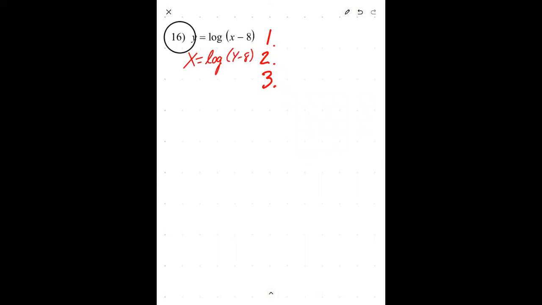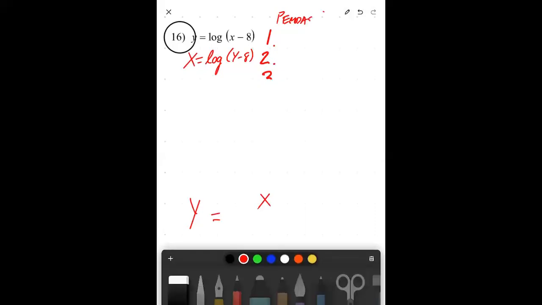Again, I know down here I'm going to have y equals, and I know I'm going to have an x, but I'm using PEMDAS. By the way, this one only has 2 operations. The first thing that we're doing is the stuff inside the parentheses, so we are subtracting 8.